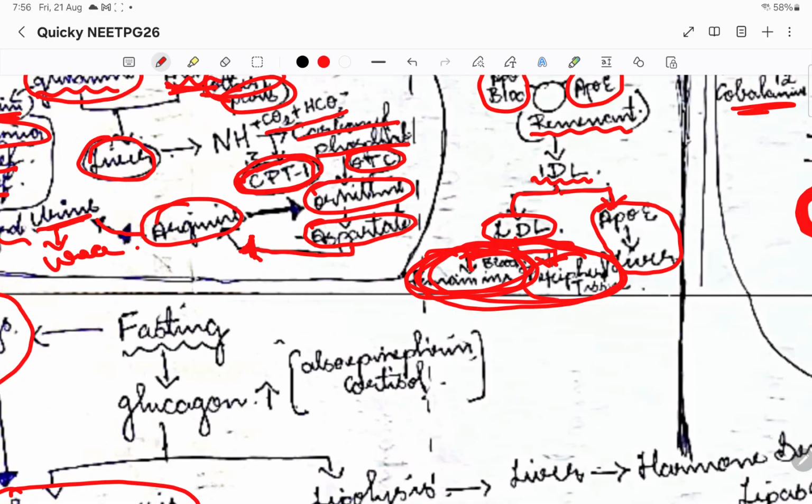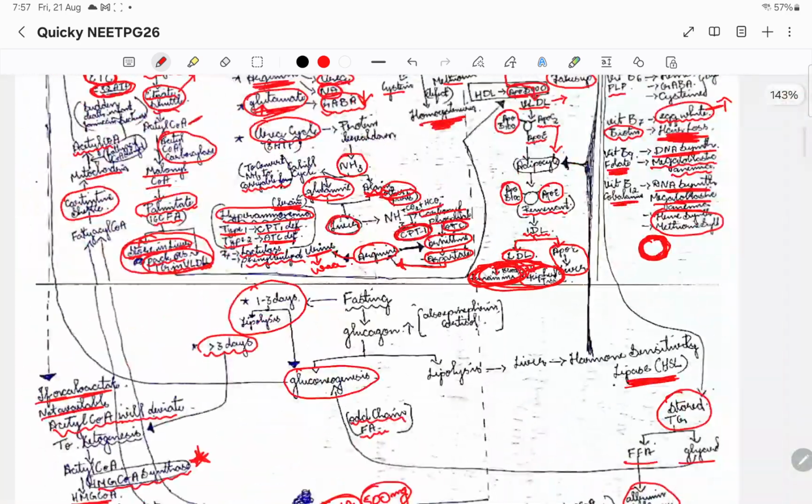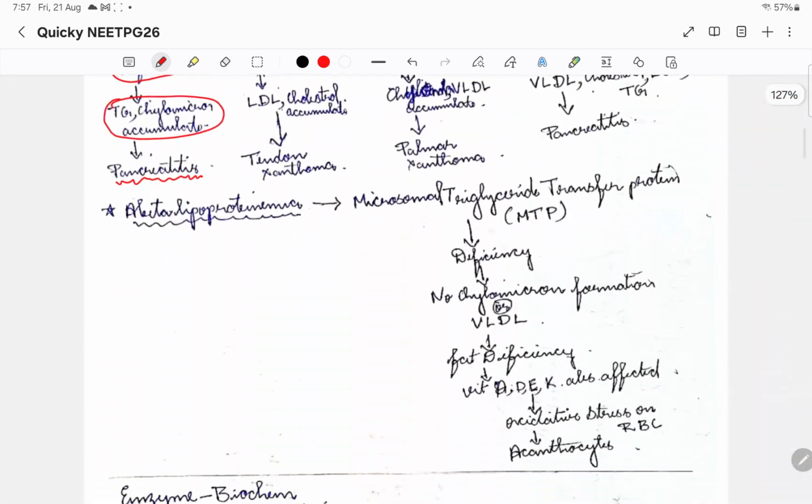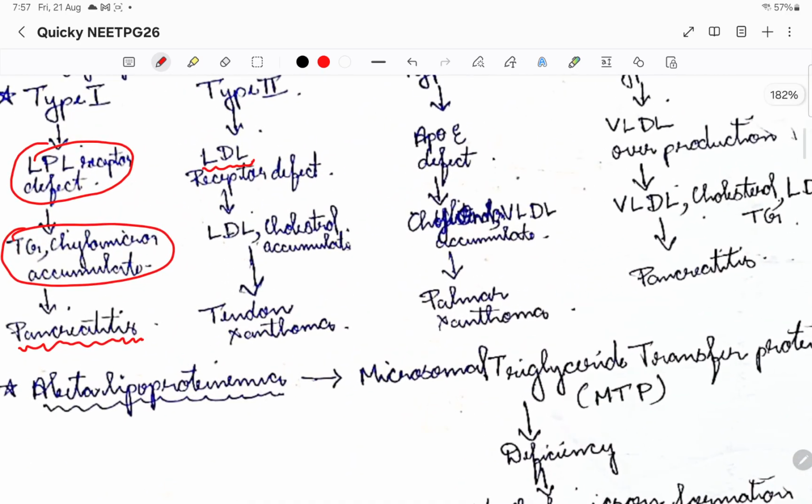In the peripheral tissue it is not getting utilized, so LDL and cholesterol start accumulating in the blood. It will lead to something known as tendon xanthomas. In the tendons of our body, suppose the Achilles tendon, these LDL blobs will start accumulating over there.